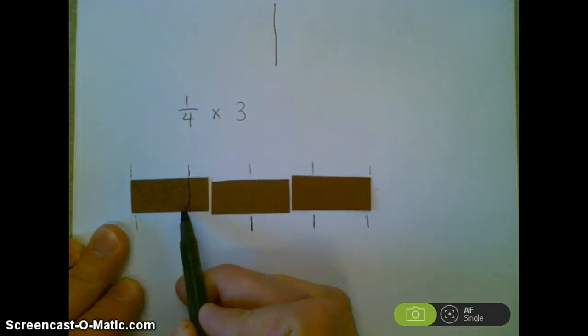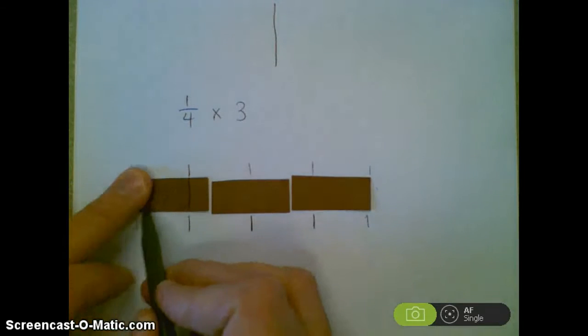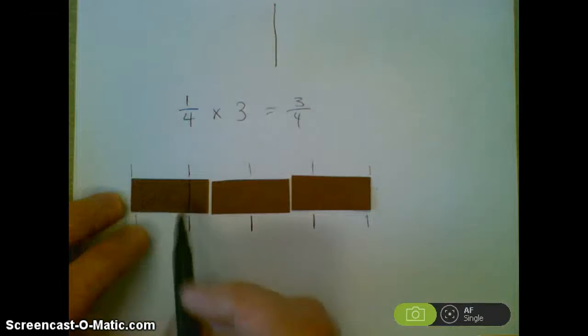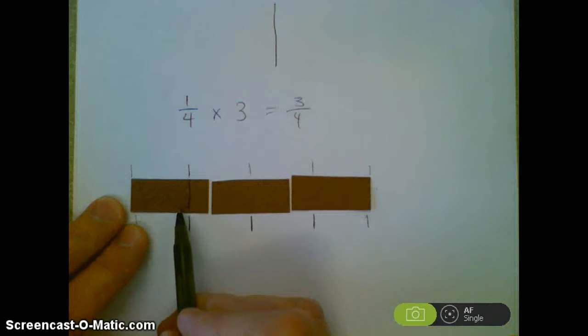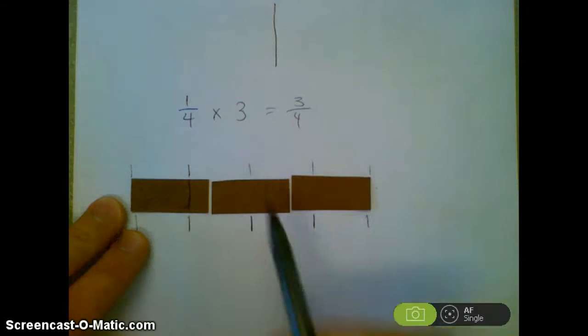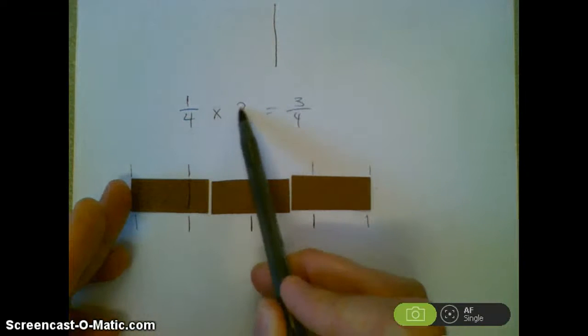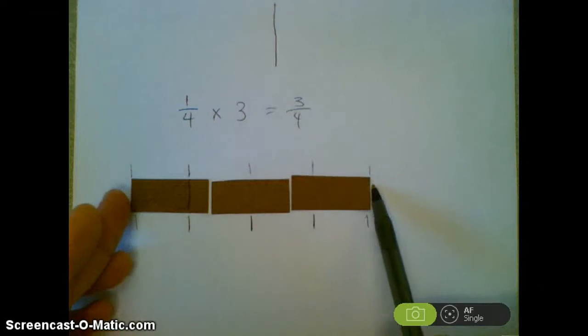And the length of that is my answer. The length of that is actually 3/4 of a Milky Way. 3/4. So when we model these, we're taking the fraction of the whole distance.